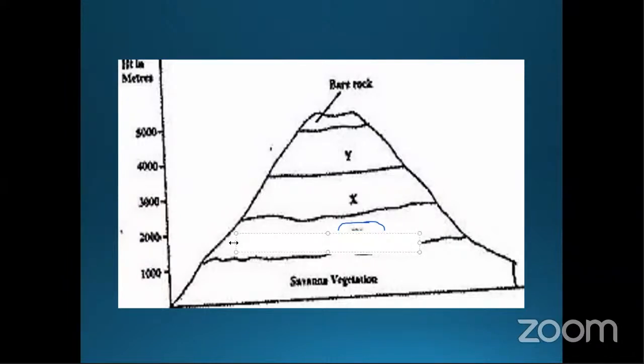And as you move up, for example, if you check on our diagram, we have part C. This part C. What do you think as you move around 3,000 to 3,900 meters above sea level? What type of vegetation do we expect to find around this place?